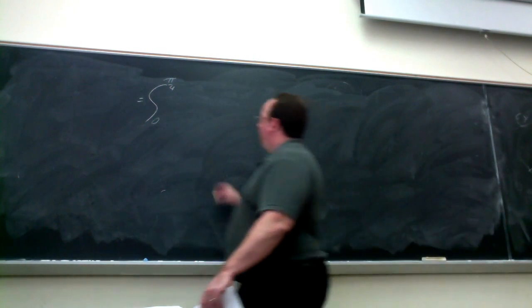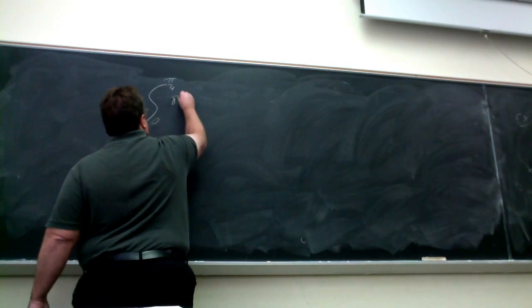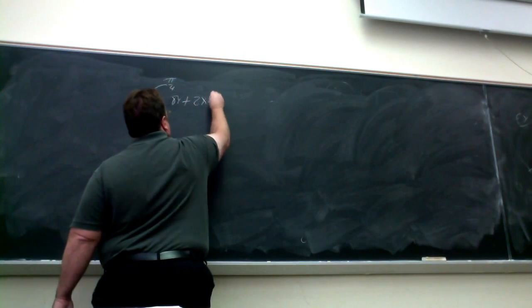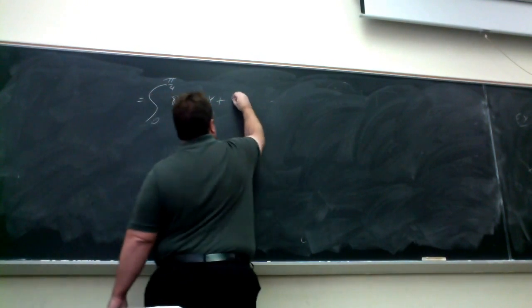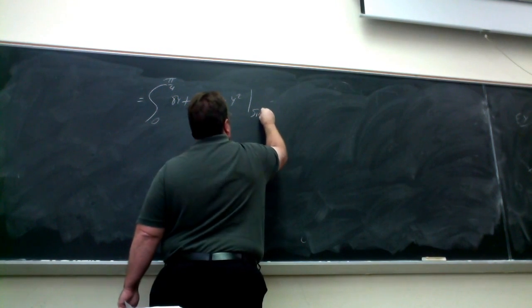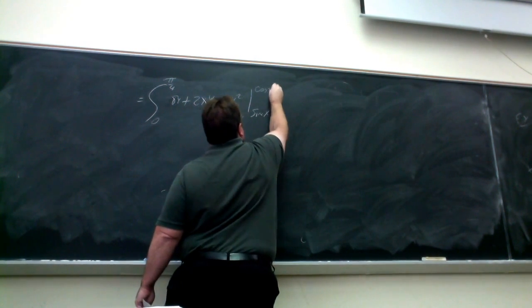From this we get 8y, plus 2xy. I did it backwards: 8y plus 2xy plus y squared over 2, with limits sine and cosine.